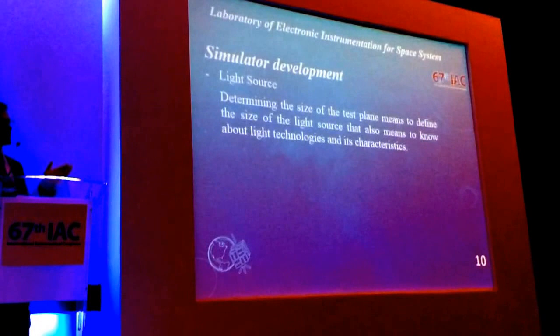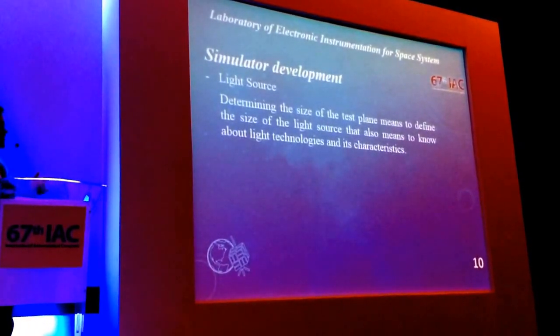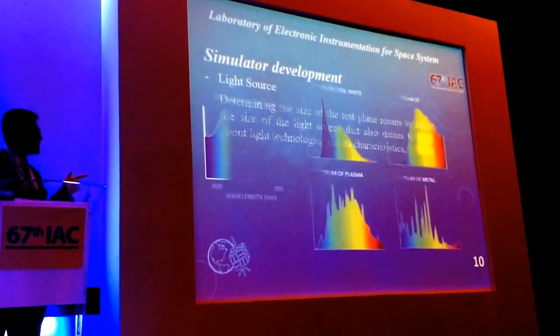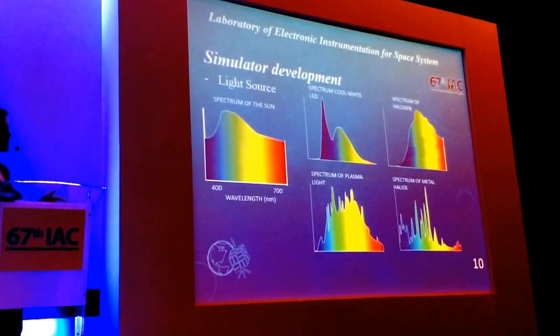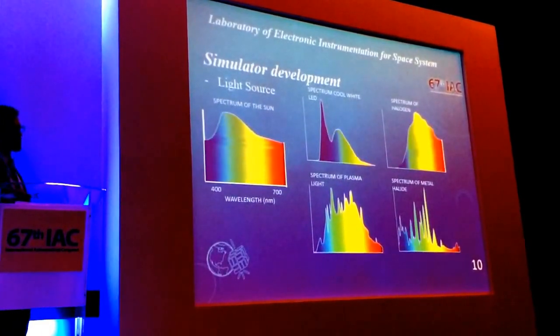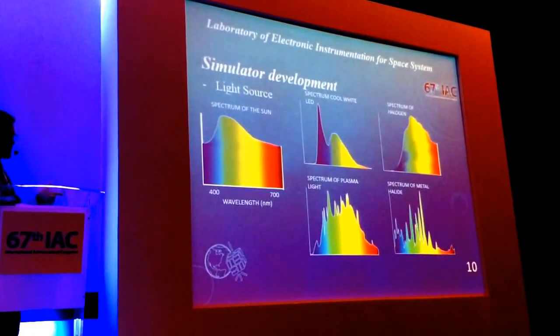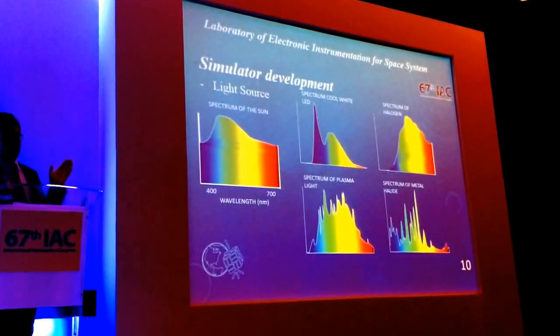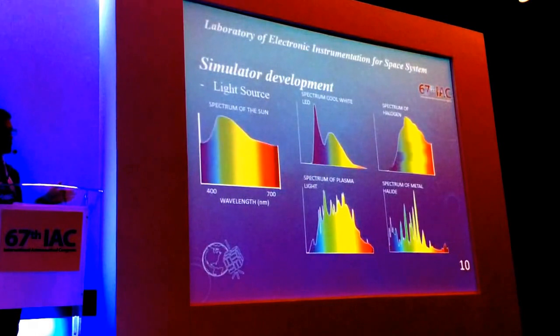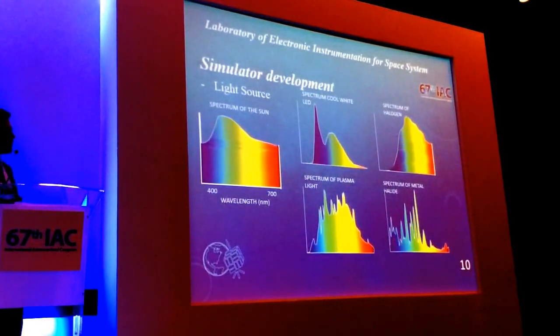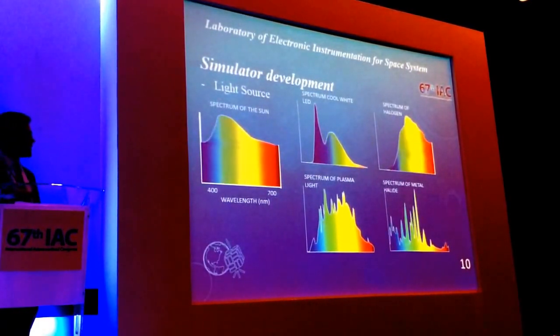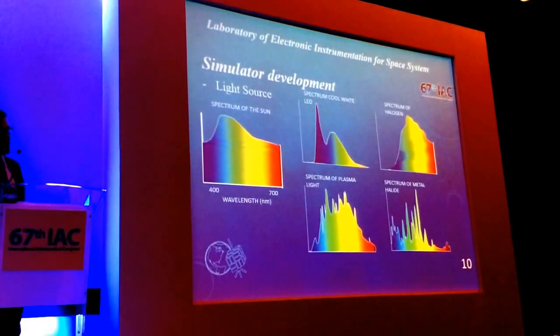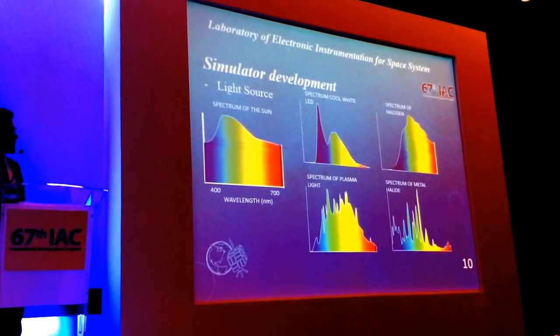And to achieve this, we need to know about lighting technologies and their characteristics. For example, we propose a spectrum that covers as close as possible the spectrum of the sun. We propose four lamps: a cool white LED lamp, a halogen lamp, a plasma lamp, and a metal halide lamp.